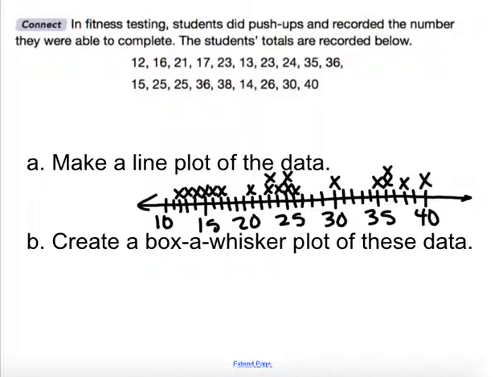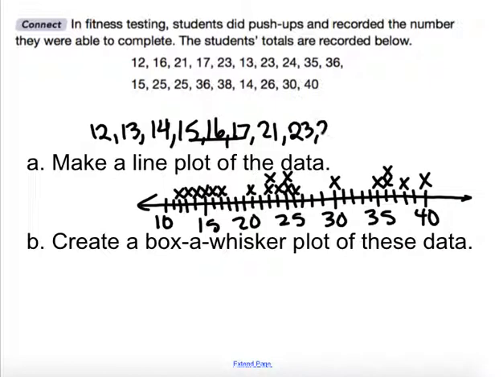Now, it's kind of a good idea to do these line plots so that we can actually put the data in order pretty quickly. We can say I have a 12, 13, 14, 15, 16, 17. I have a 21. I have two 23s.